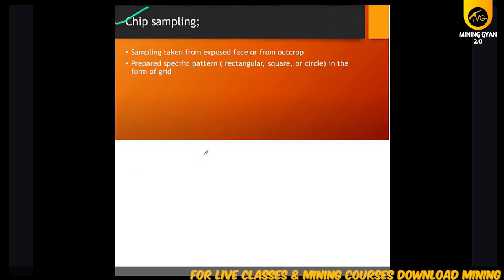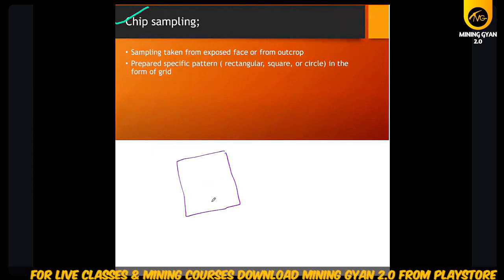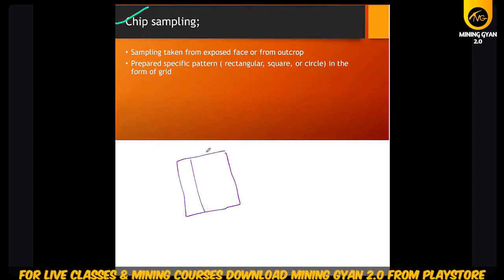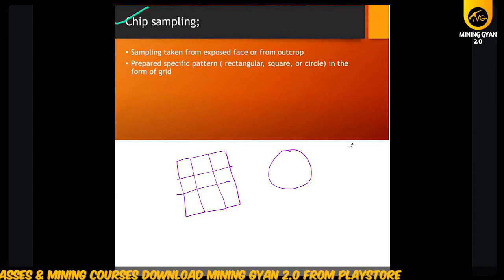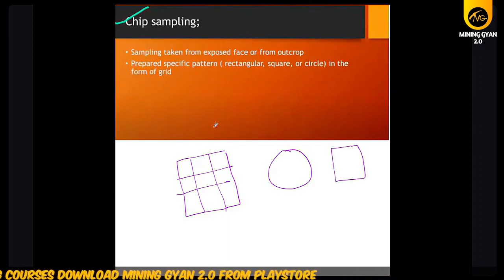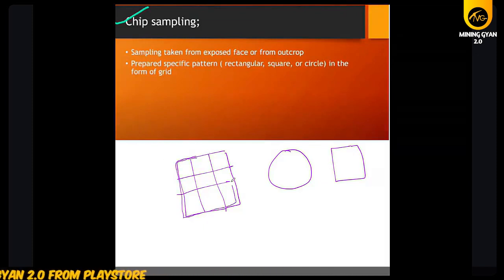So in the chip sampling, when we collect the material, we generally collect in the rectangular, square, or circular grid. Various patterns, we collect in various forms. So suppose this is your face and collect material in various locations from this rectangle and try to find out the chemical.